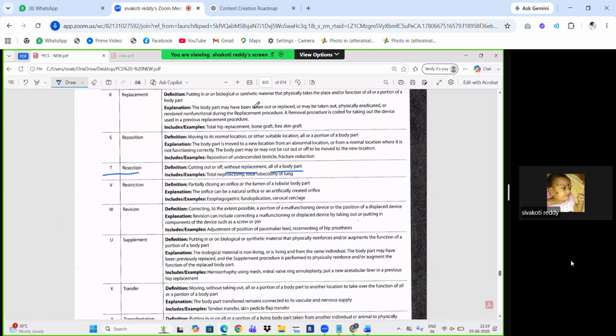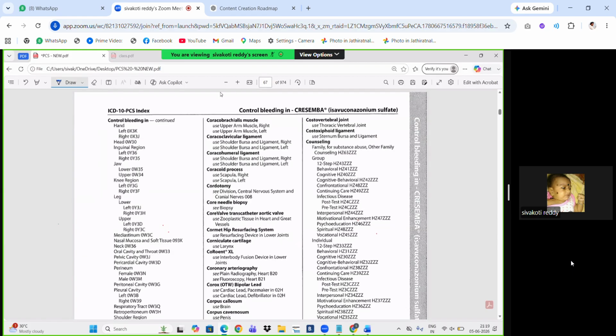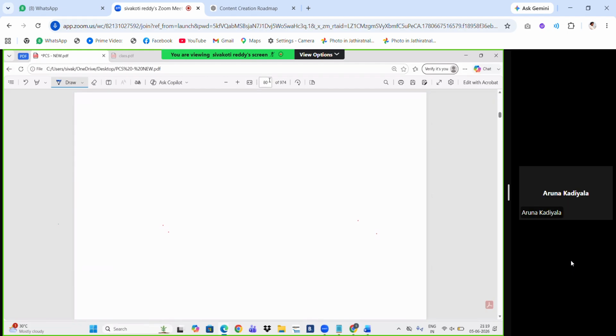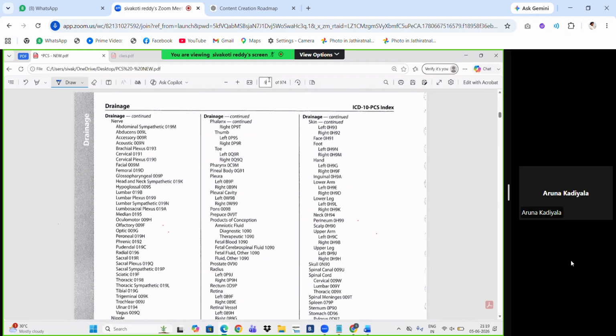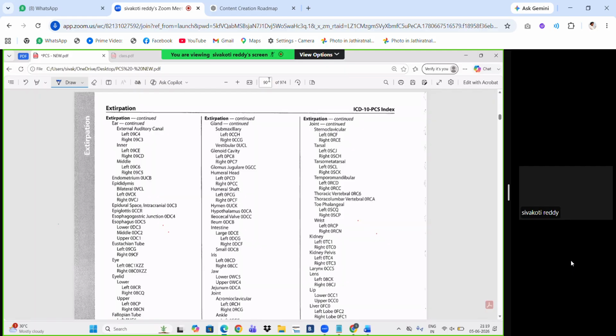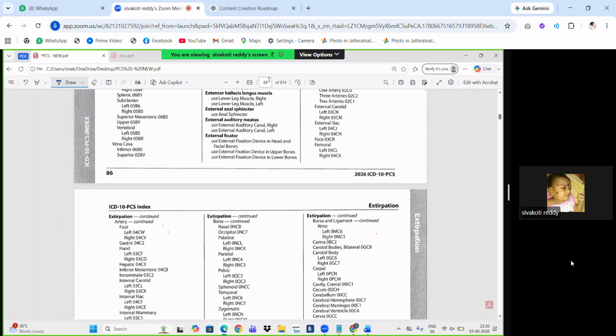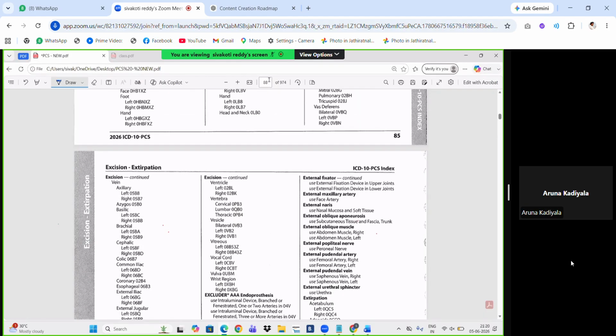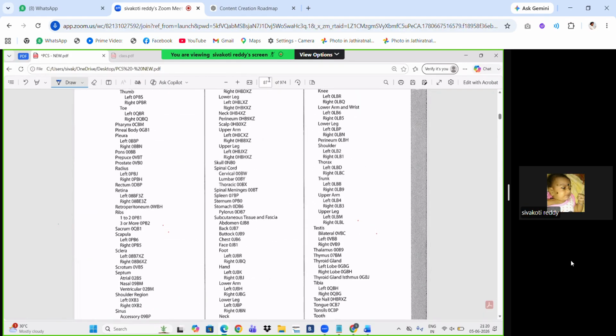I'm showing everyone. This is the book, the index. We need to go to excision, the E series. Excision, EX. Under excision, liver, right?